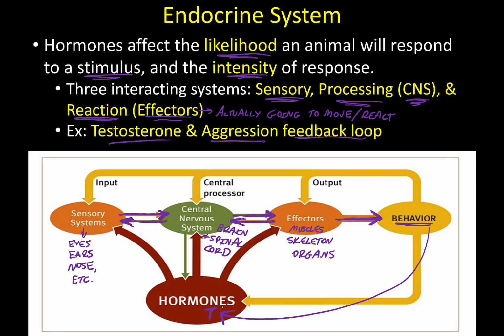That makes them more likely to engage in another aggressive conflict. If they win that one as well, that also boosts the amount of testosterone in their system, making them even more likely to engage in another aggressive interaction. The cycle of winning interactions and producing more testosterone is actually what establishes dominant behaviors in a dominant animal.